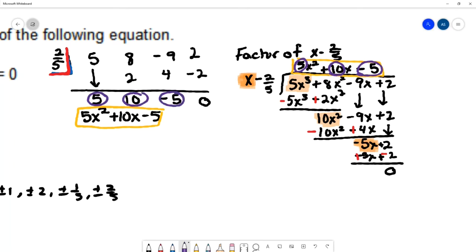And the numbers that you get in this row right here, you can see them here, here, and here.